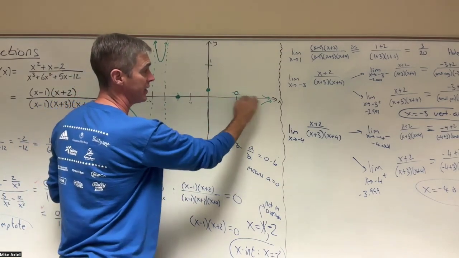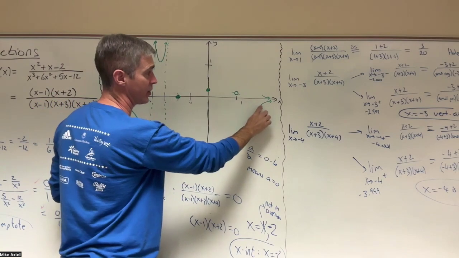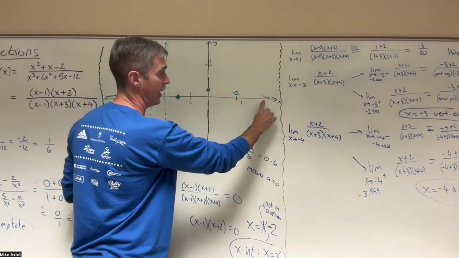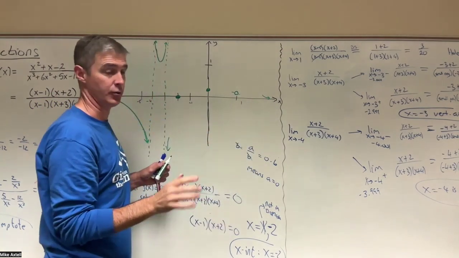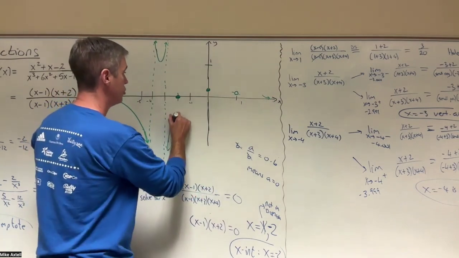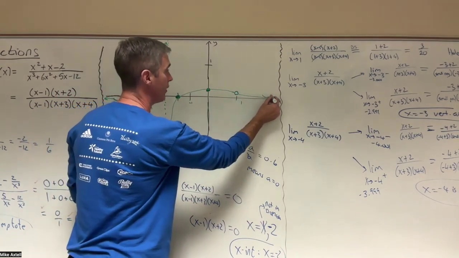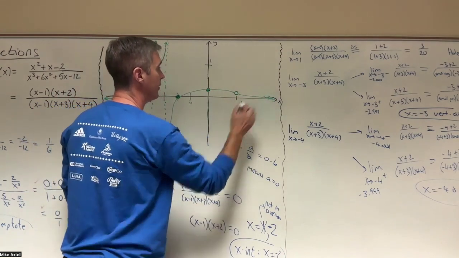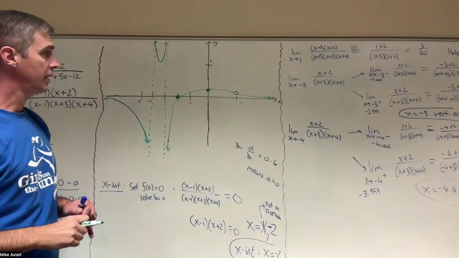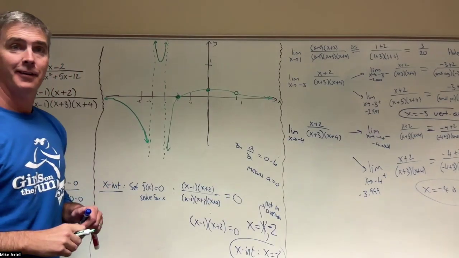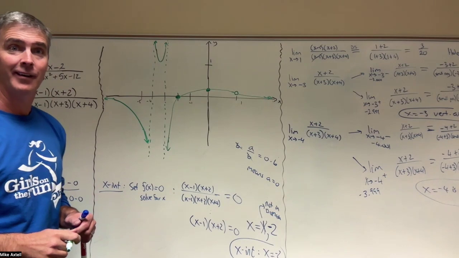And there's no place here for me to cross the x-axis again. So I think this lower end behavior option is not possible. So zoom, and then sort of flattening out along the x-axis. Okay. All right. So it's just that quick and easy. Cool.